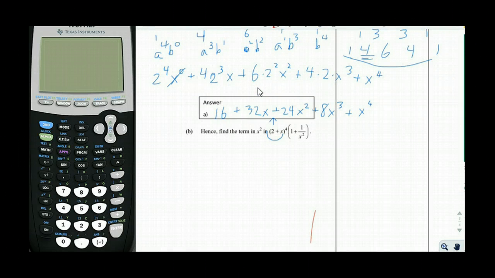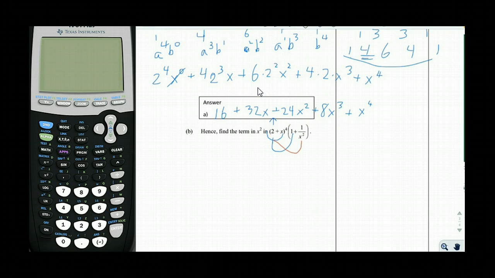First, we're going to multiply it times the 1, and then we'll multiply that expression times 1 over x squared. And we're going to get two different polynomials, and we're going to add those together.